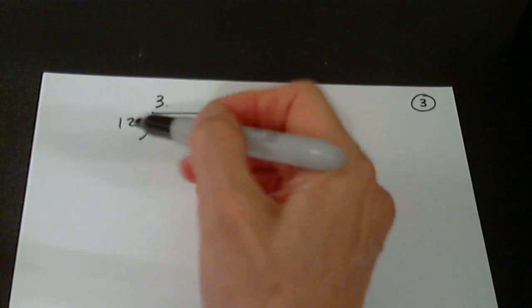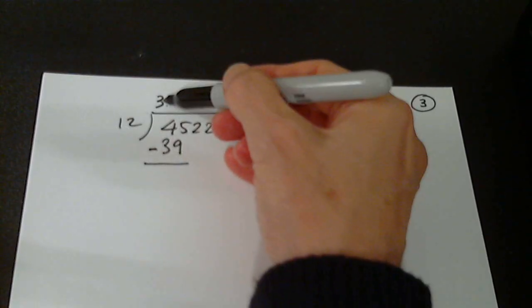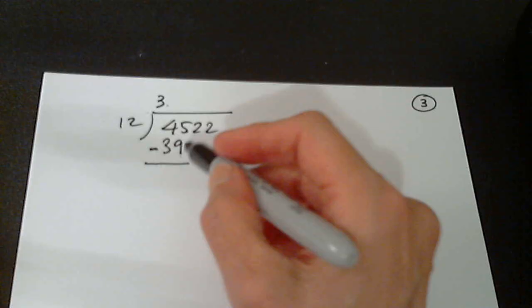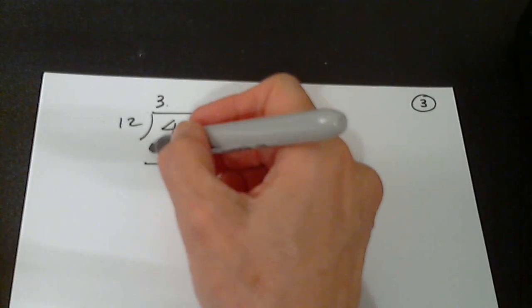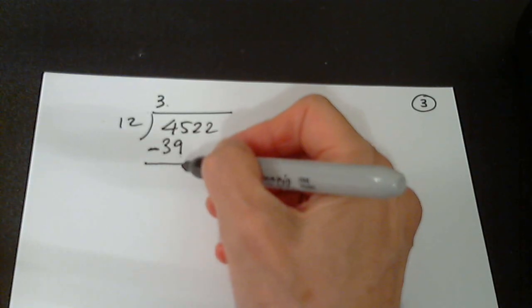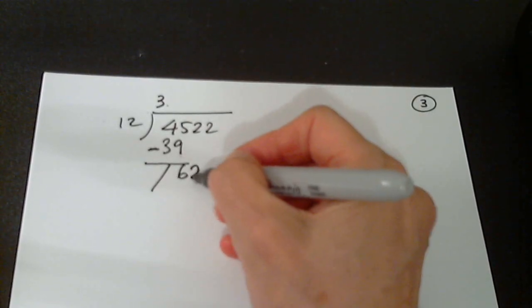And when I multiply, I get 39. I subtract, although 3 times 12 is not negative 39. It's positive 39. I have to change its sign because I have to subtract from 45. And I get 6. Then I bring down the next in line.